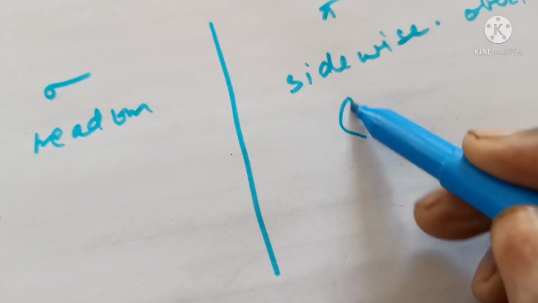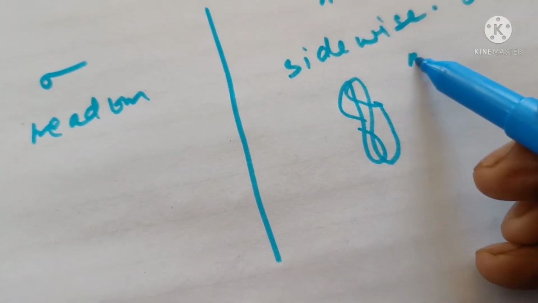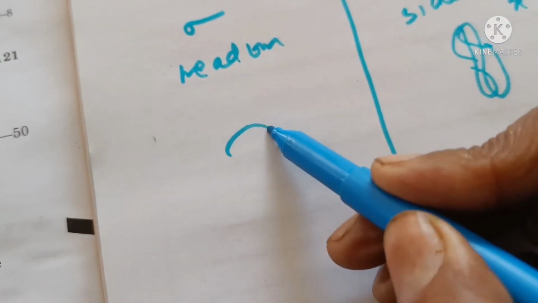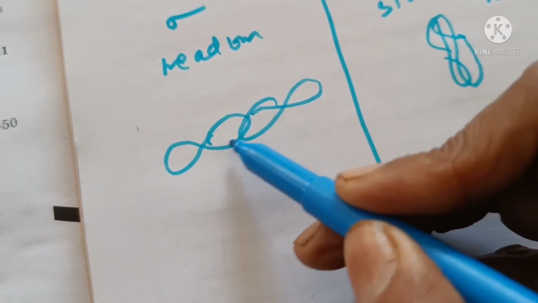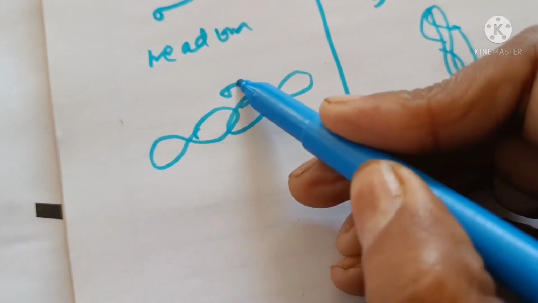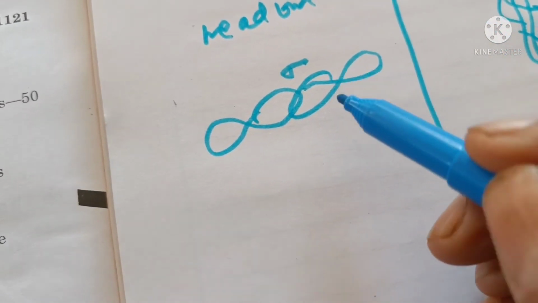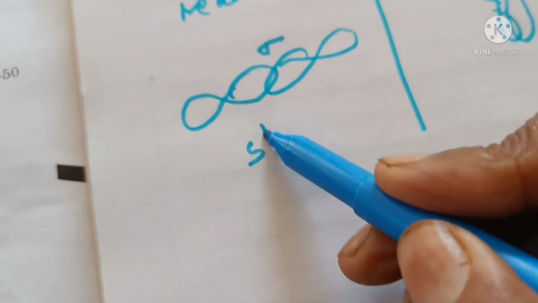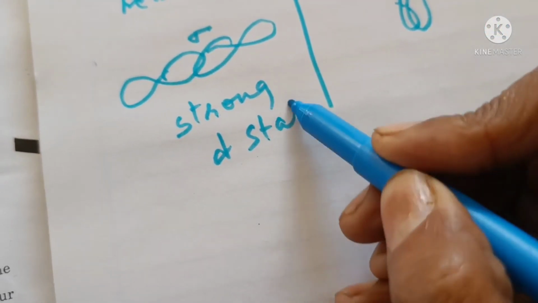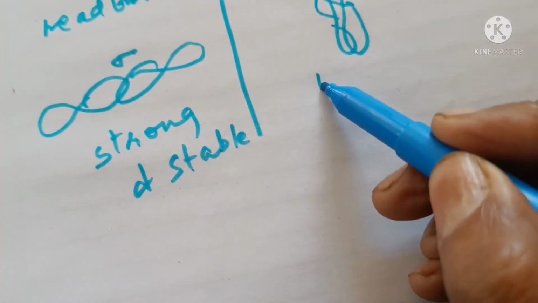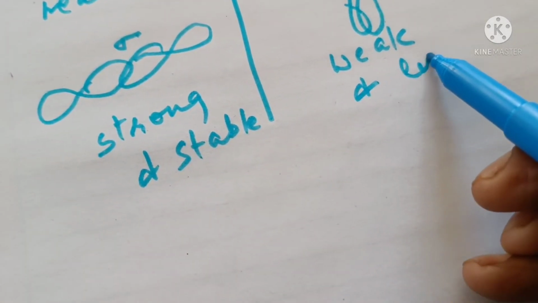For example, px and py overlap sidewise, so a pi bond is formed, whereas pz and pz overlap head on, so this kind of bond is a sigma bond. Then a sigma bond is strong and stable, whereas comparatively a pi bond is less strong and less stable.